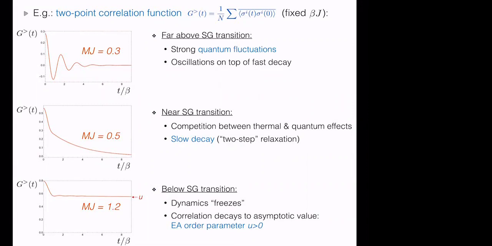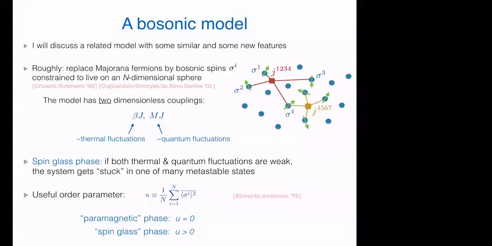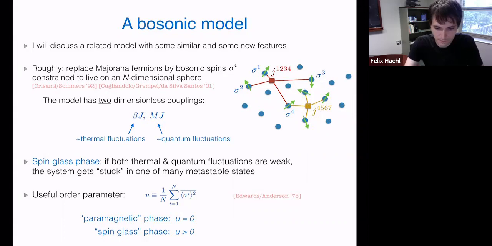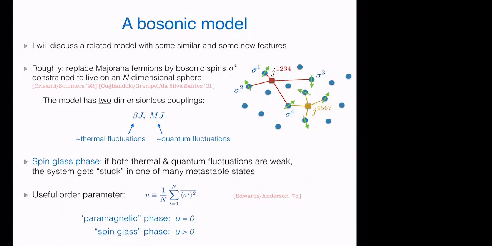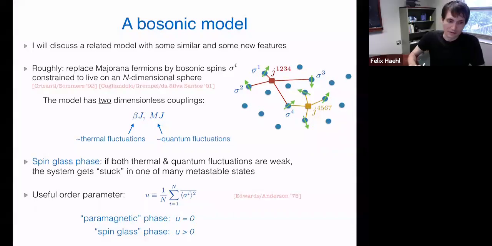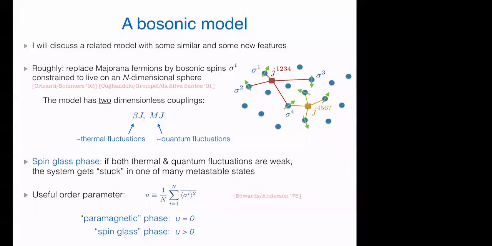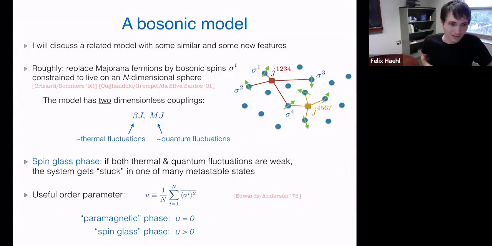I have a question. Could you explain once more this need to put them on the sphere? What does it mean? So in 2 slides, I'll define the model in more detail, and then it will probably be more clear. But the basic idea is just that you have bosonic spins now.